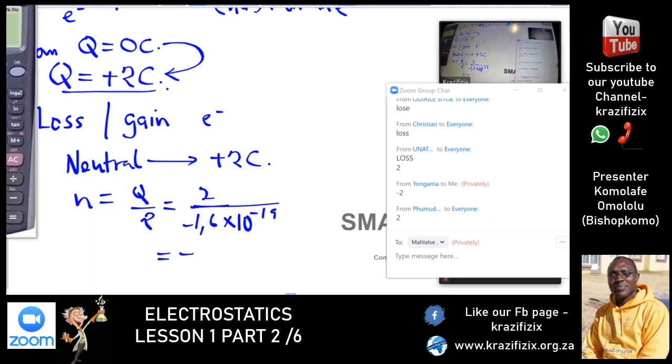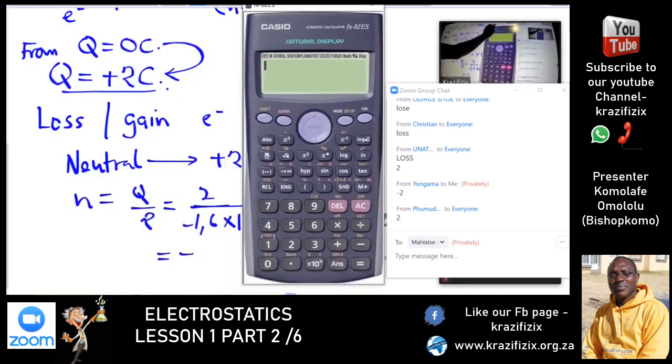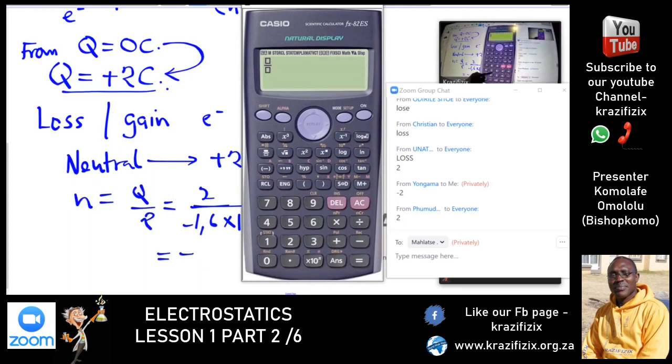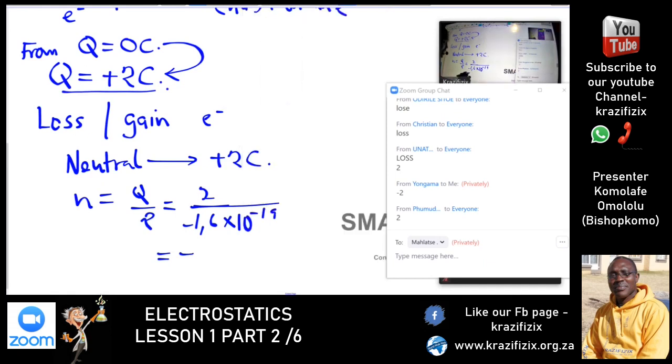My calculator, I'm sure you do have your own calculators too. All right, 2 divided by negative 1,6 times 10 to the power negative 19. Negative 1,25 times 10 to the power 19 electrons.